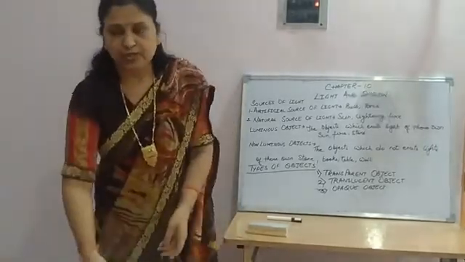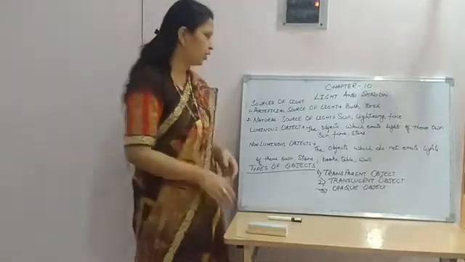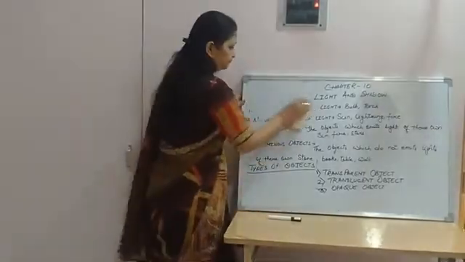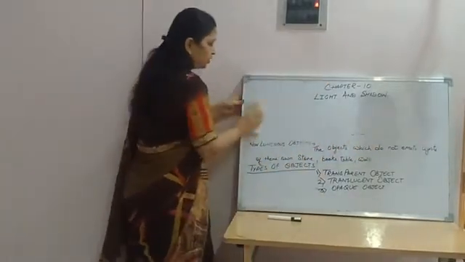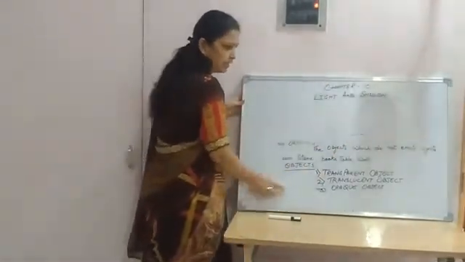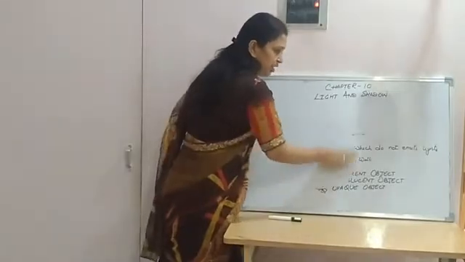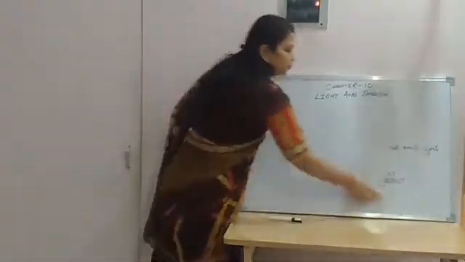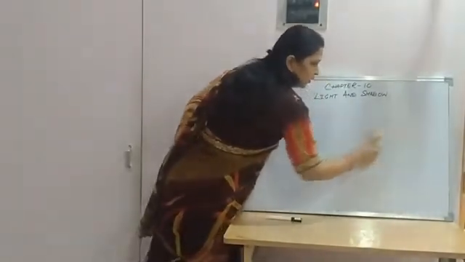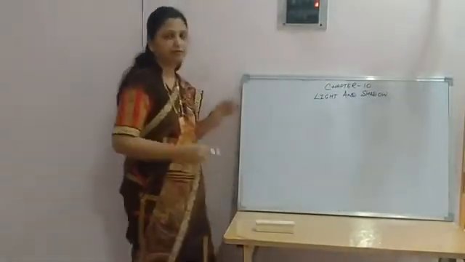Now, you can define a shadow as: a shadow is a dark area or shape produced by a body between the rays of light and a surface.